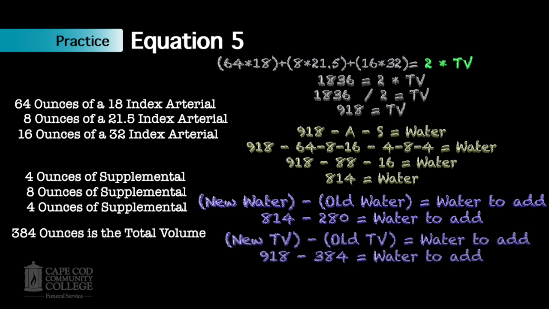We'll get the same answer as if we took the new total volume of 918 ounces in the total tank of everything and subtracted that from the old total volume of 384 ounces of fluid of everything that we had in the tank with the prior solution. Now, when we subtract our new numbers from our old numbers, in both situations, you're going to come up with 534 ounces of water that needs to be added to the existing solution in order to dilute it down to a 2% solution.